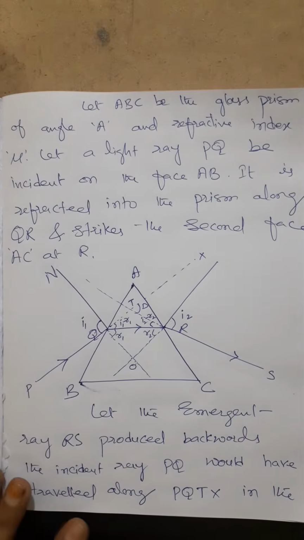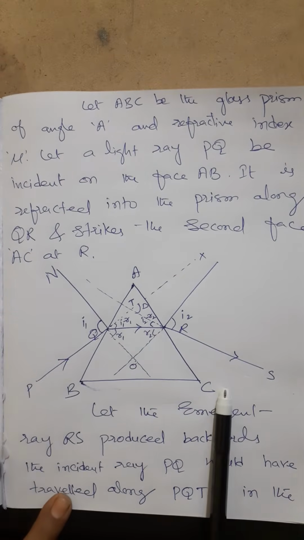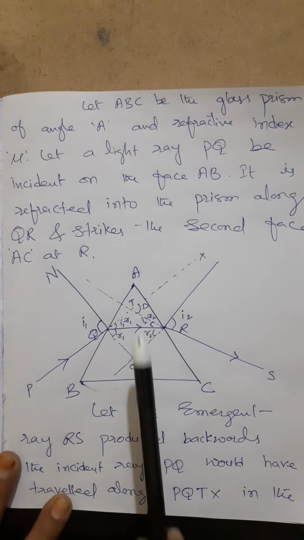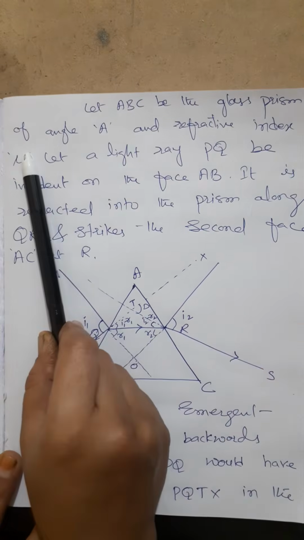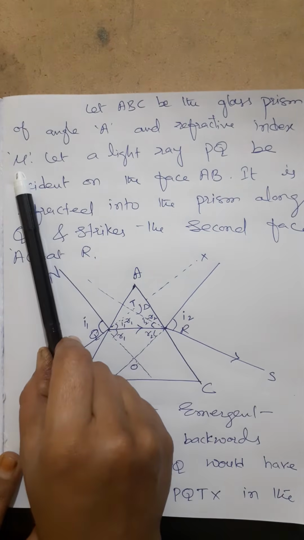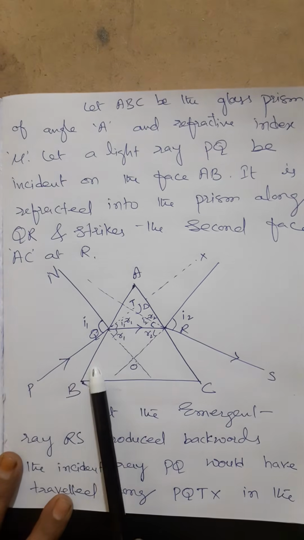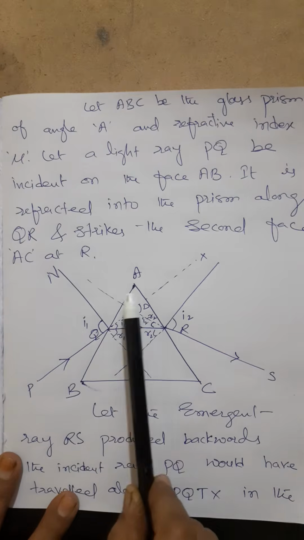For that purpose, let us consider ABC is an equilateral prism of angle A. Here, let ABC be the glass prism of angle A and refractive index of the prism is mu. Let us suppose this is equilateral, which means each angle will be 60 degrees.